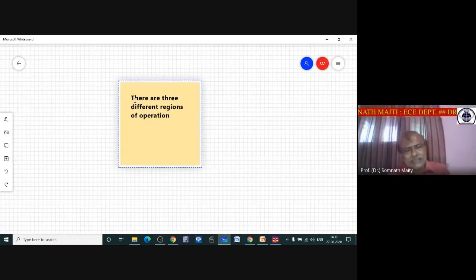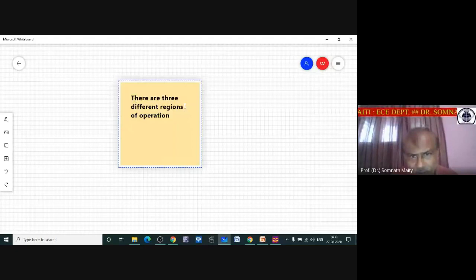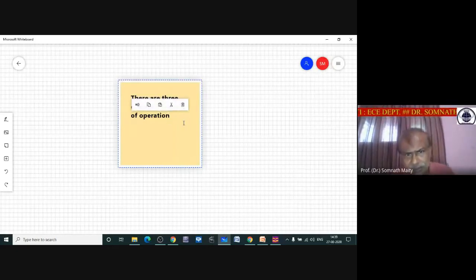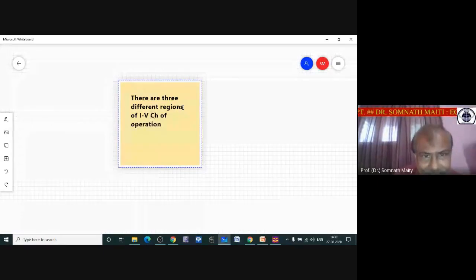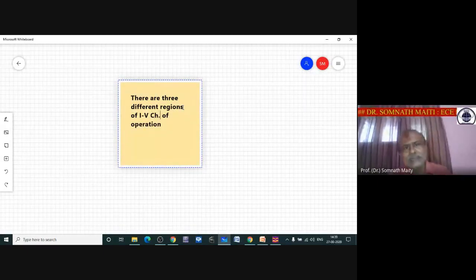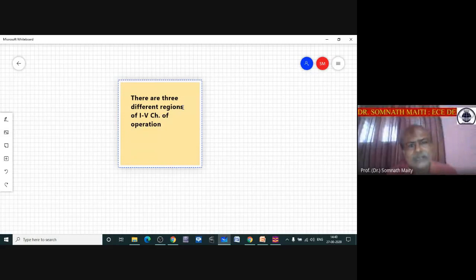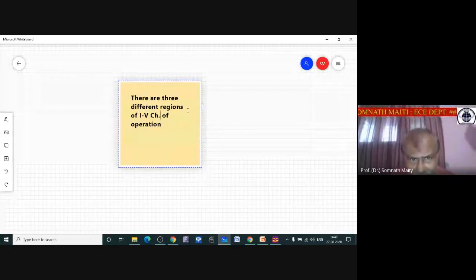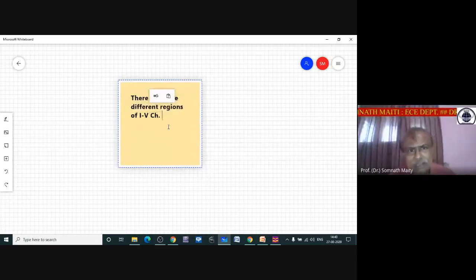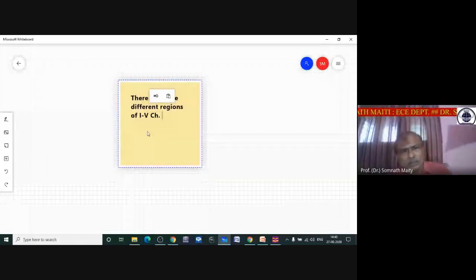A BJT can be operated in three different regions of IV characteristics. There are three different regions of IV characteristics.